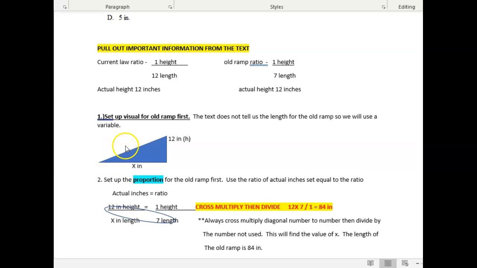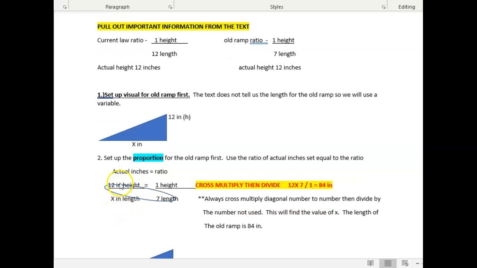So the first thing I did was use a right triangle to have as a visual as my ramp. Now, the text does give us the height, which is 12 inches, but we don't know the length, so that's going to be our variable. We're going to use the information from our text to set up a proportion to find the length of the ramp for the old one first.